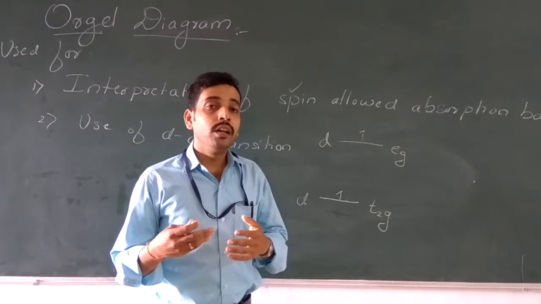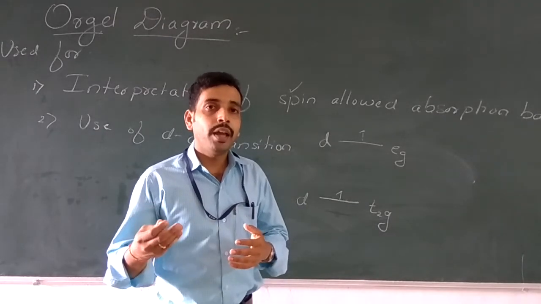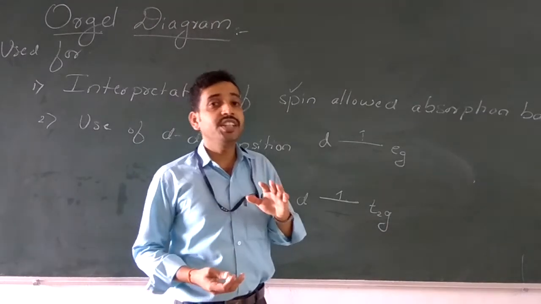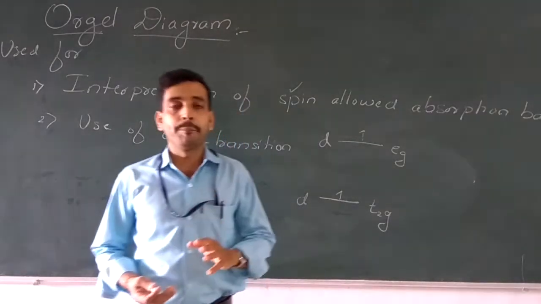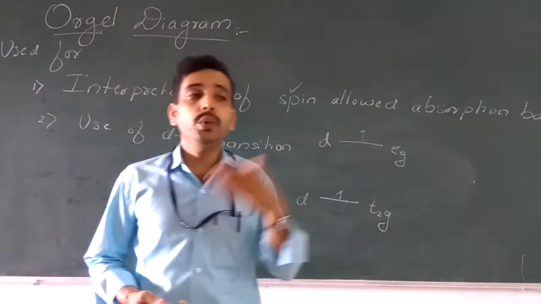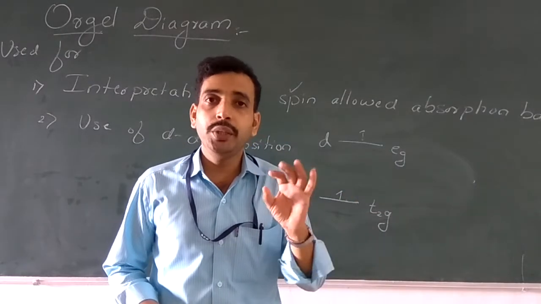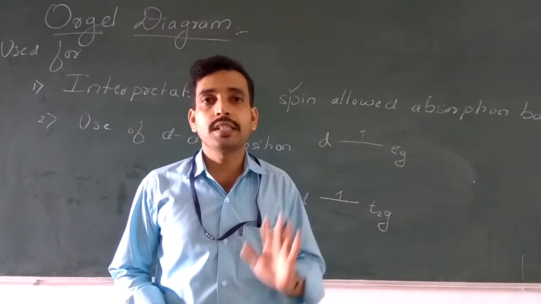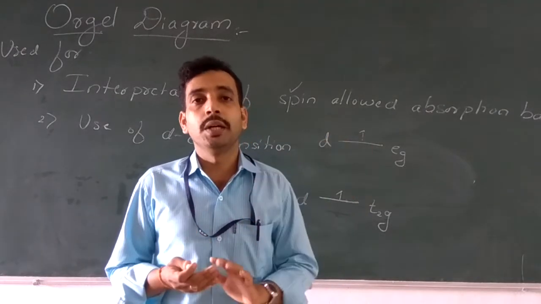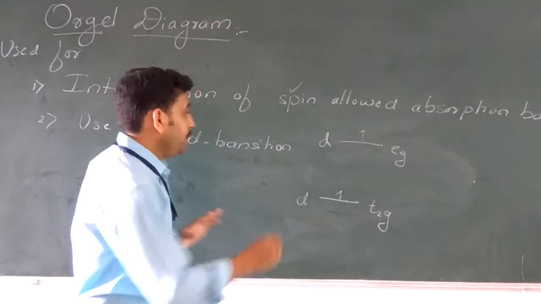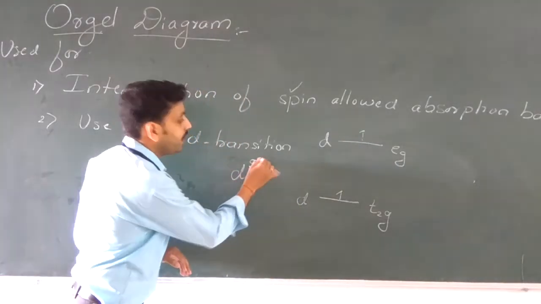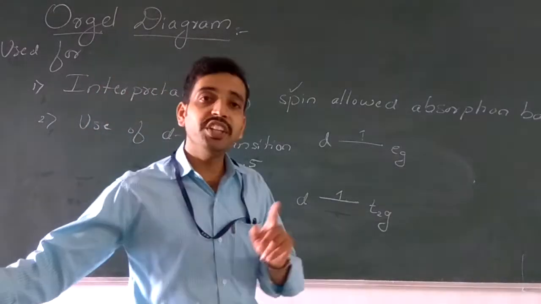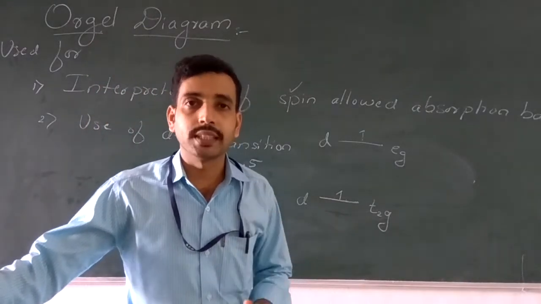What type of system has the spin allowed transition? From the 3d degenerate levels, from d1 to d9 systems, d1, d2, d3, d4, d5, d6, d7, d8, d9, the d5 system has a spin forbidden transition in the case of high spin complexes.